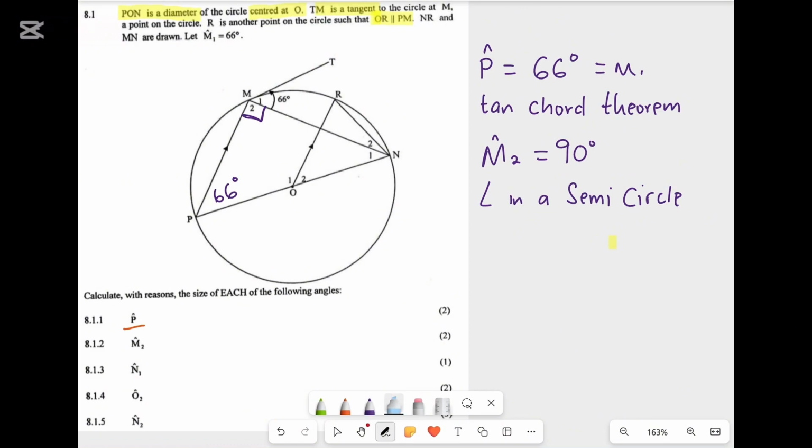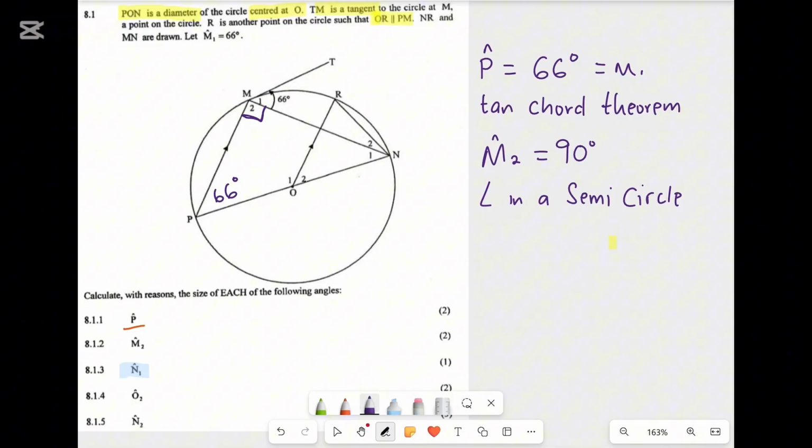Calculate the size of angle N1. Now there is N1 in a triangle. So in triangle MPN, we already have two angles. So we can just calculate the third angle, because we know that angles in a triangle must add up to 180.